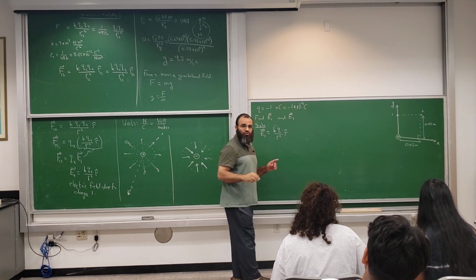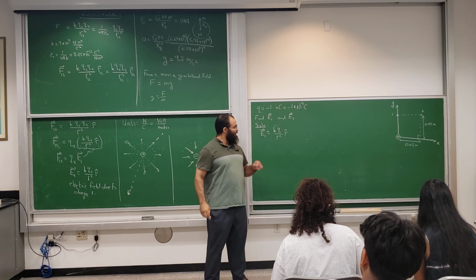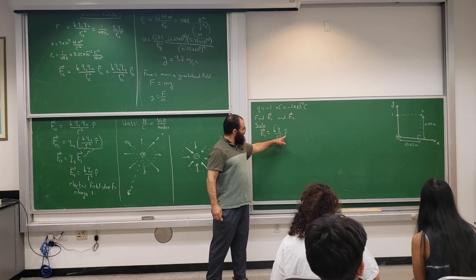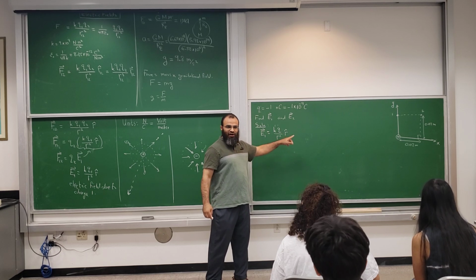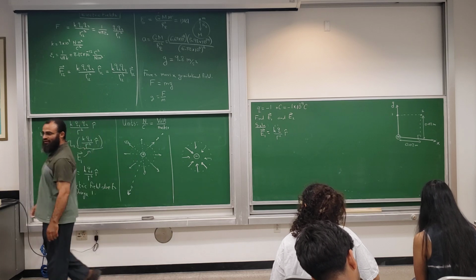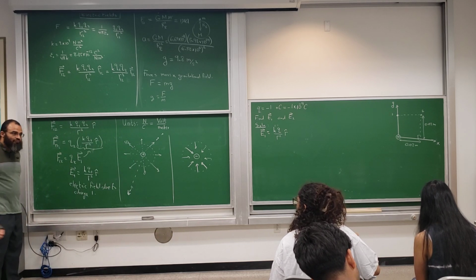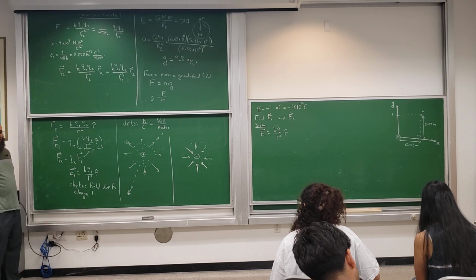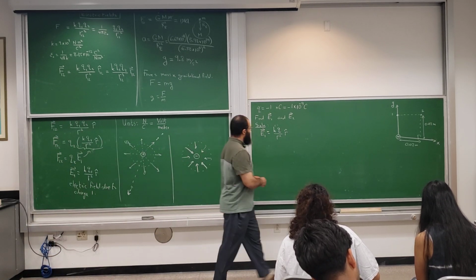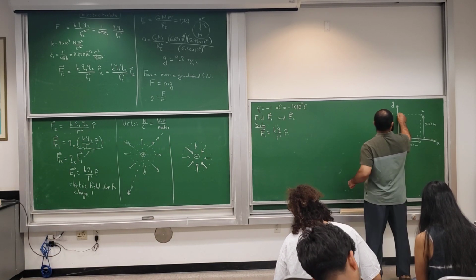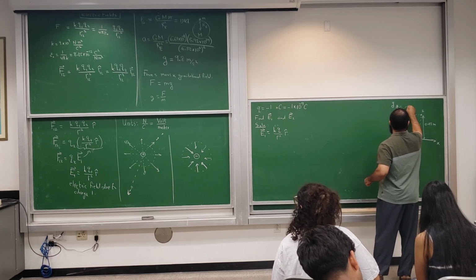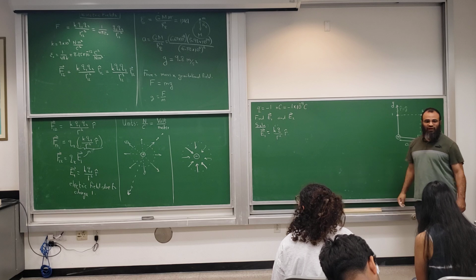Or I can use the cubed one also, K Q, and then vector R over R cubed. In this case, is it easier to use the R hat or the one with the vector R? R hat, why? It's along the Y direction, yeah. Because the unit vector R hat, in this case, is just J hat, that's all. That's the unit vector that points away.